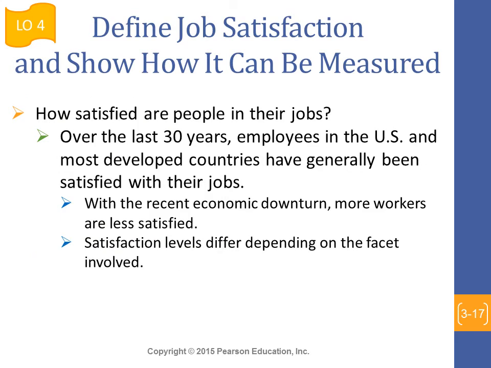If we look at the statistics over the last 30 years, employees in the US and other developed countries are generally happy and satisfied with their job. Saying this, due to the recent economic downturn, more workers are becoming less satisfied. So this satisfaction level also differs depending on the facets involved in the measurement.